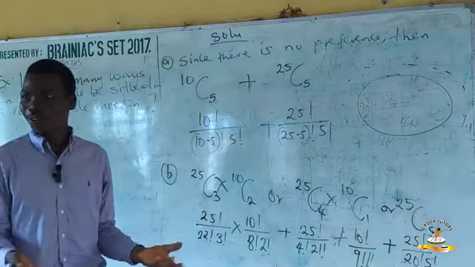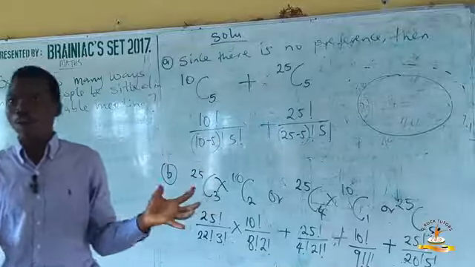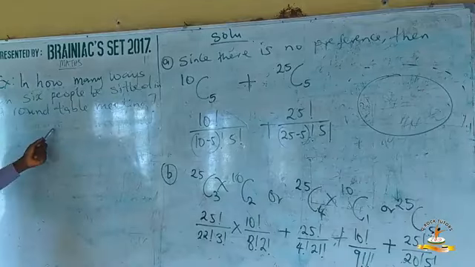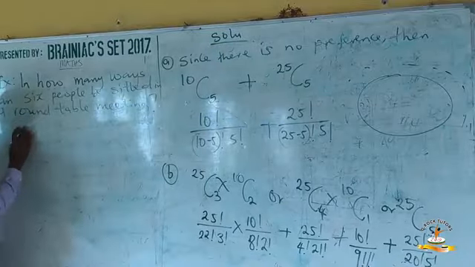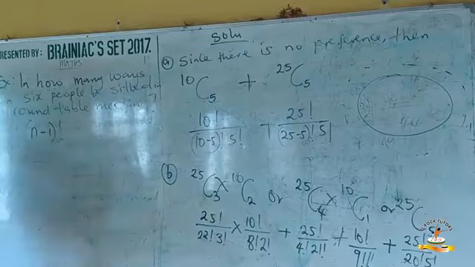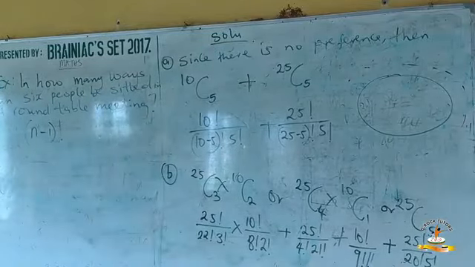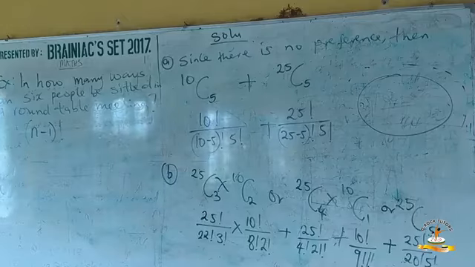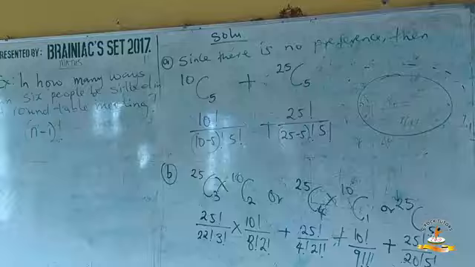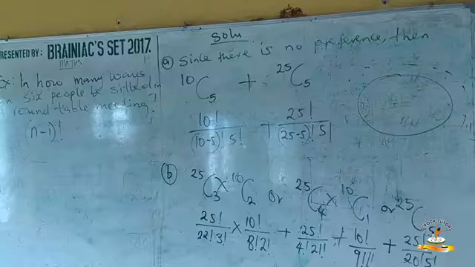But when you have a case of round table, think of this. Your number of ways will just be n minus 1 factorial. Is that straightforward? Do you understand? Round table arrangement is n minus 1 factorial. Don't forget n minus 1 factorial for a round table arrangement.